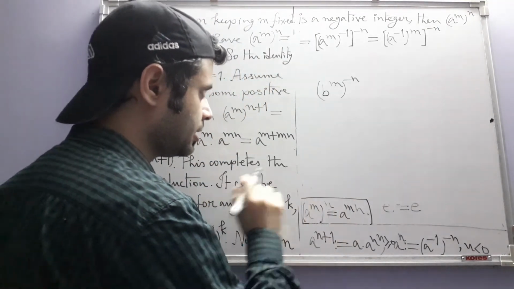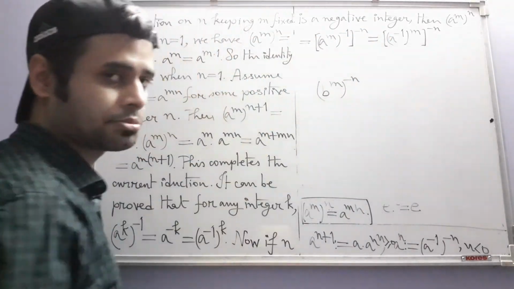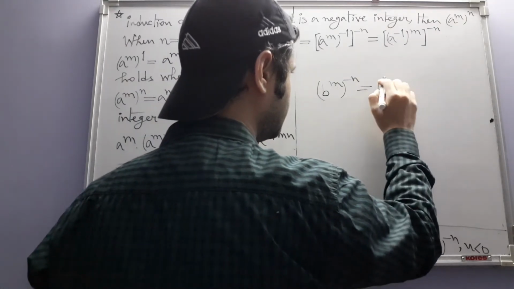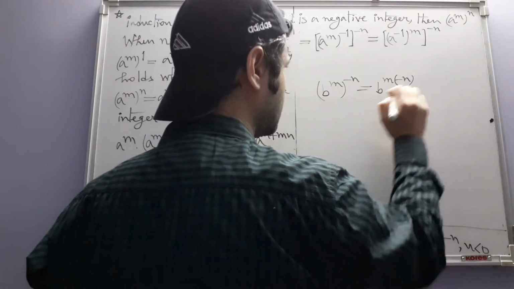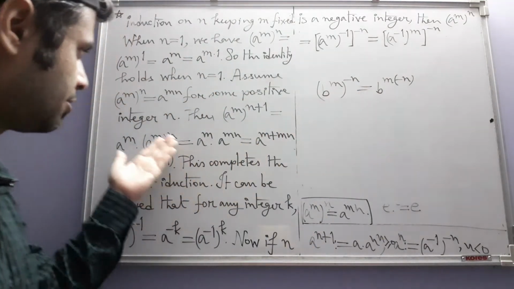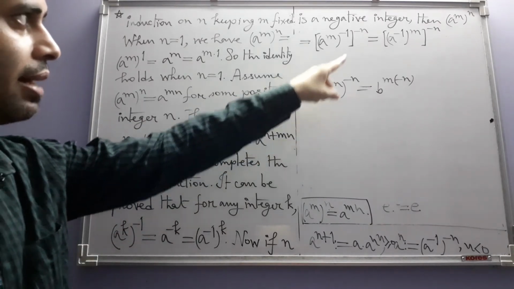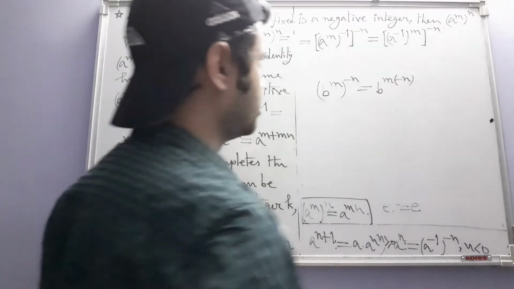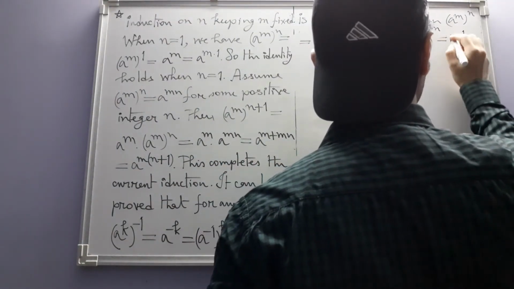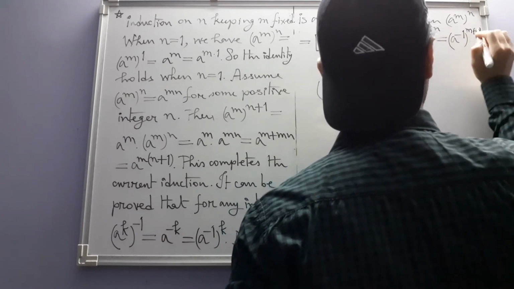Now since n is a negative integer, minus n is positive. So by what we have proved, we can write m times minus n. This is justified by this part of the proof. Now in place of b, we have a inverse. So this will be equal to a inverse to the power m times minus n.